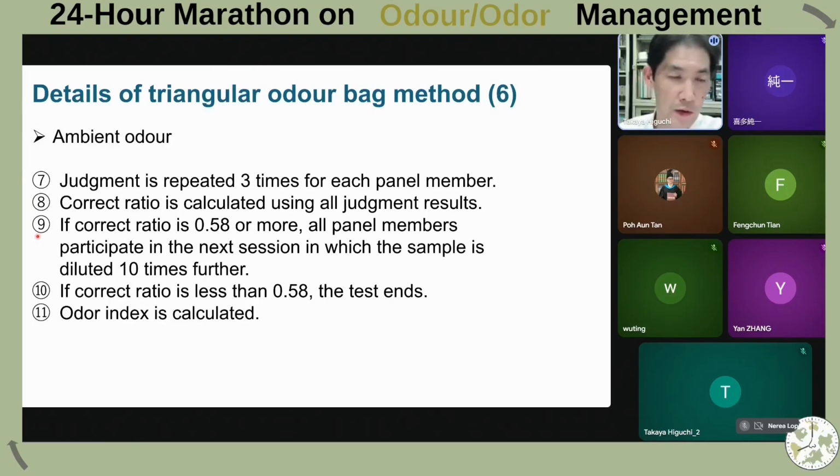After this, the procedure is different between ambient odor and source odor. In case of ambient odor, judgment is repeated 3 times for each panel member.